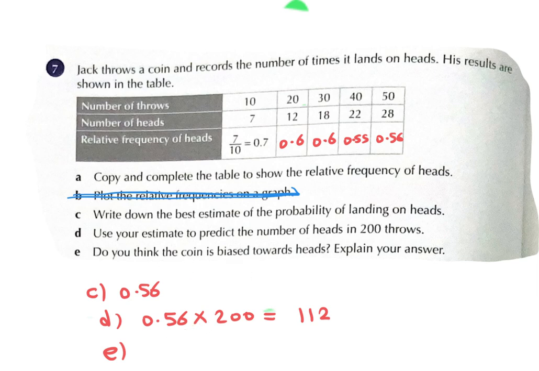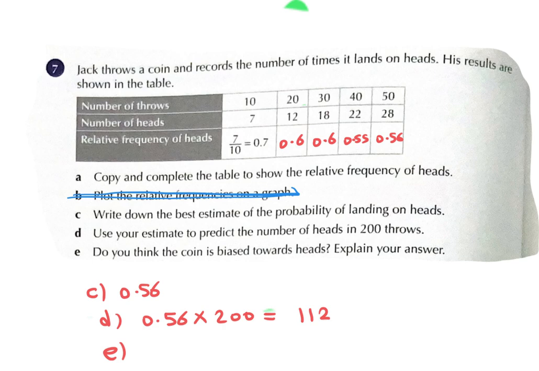Look, the probability of getting heads, if you have a fair coin, should be 0.5. Okay? If it is fair, it is closer to 0.5. But now for this coin, we have 0.56. So 0.56 is close to 0.5. I told you, if you explain in a proper way, I'll accept that.